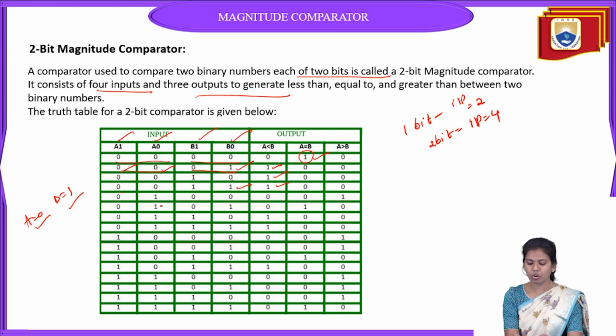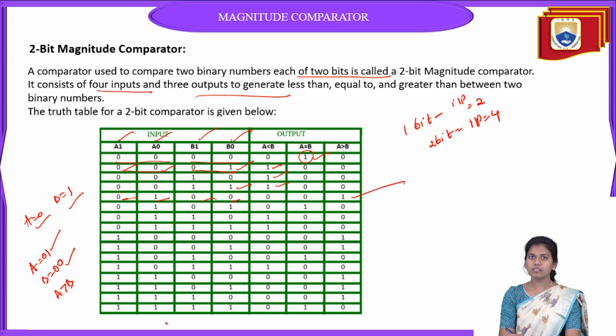Coming to 0, 1 and 0, 0: here A is 0, 1 and B is 0, 0. So in A we have a 1, but we have all zeros in B. So here A greater than B is satisfied.